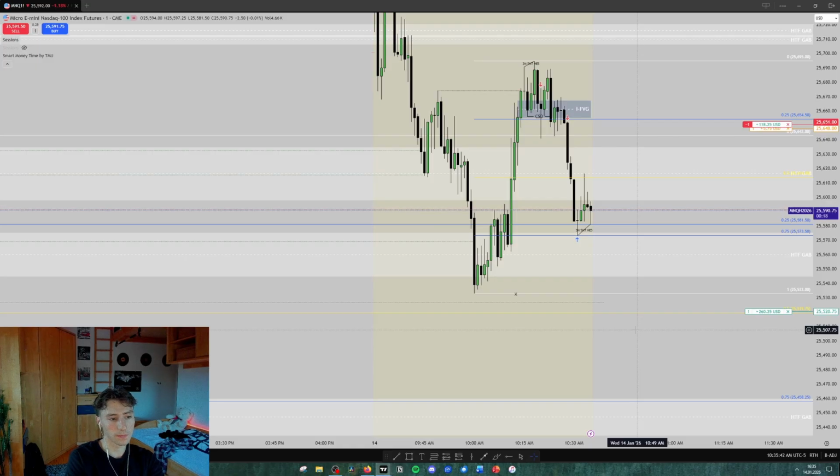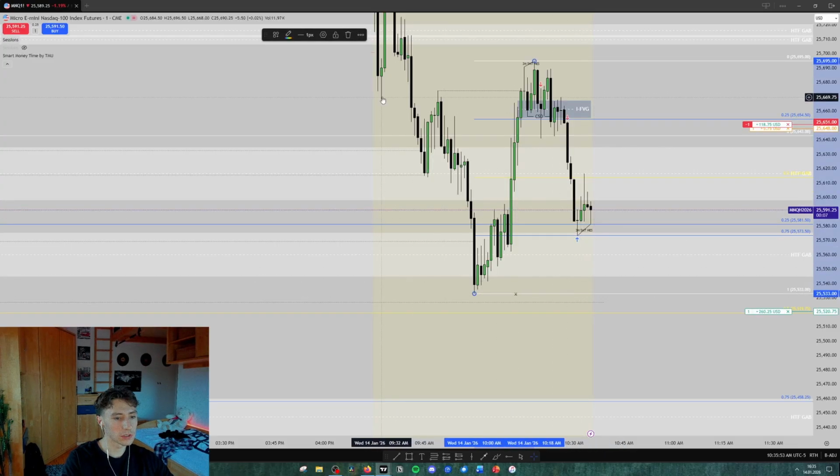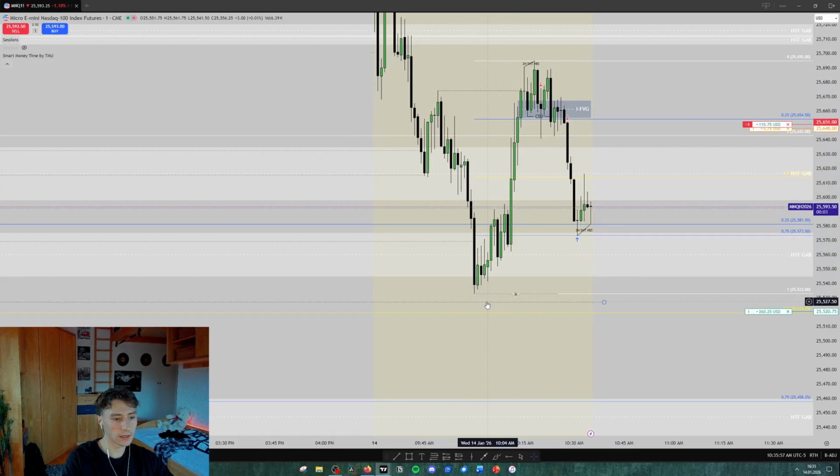Therefore, we should not always aim for the best target and also take the low hanging fruits as well. And to me, we definitely have to reach the engineered sell side liquidity, daily sell side liquidity, and the consequent encroachment level. So really clean targets to reach lower.